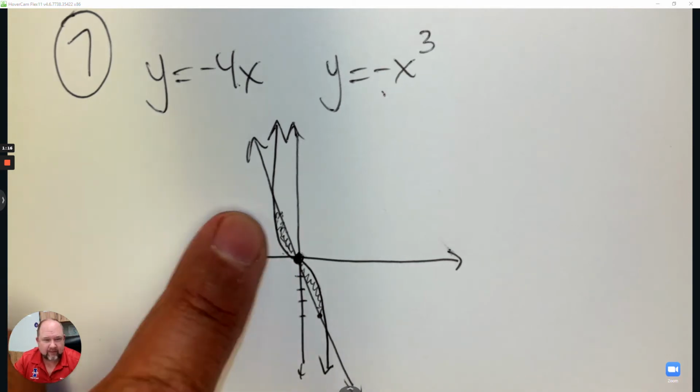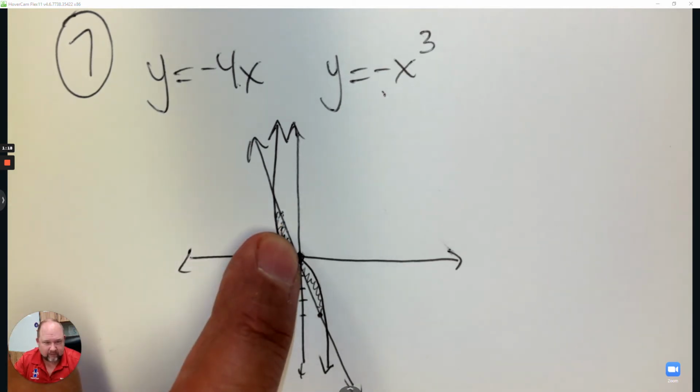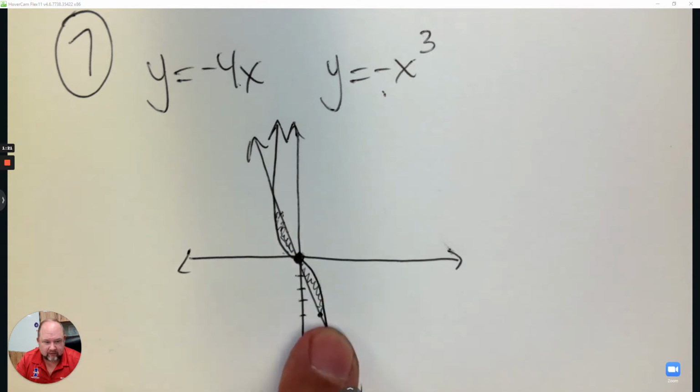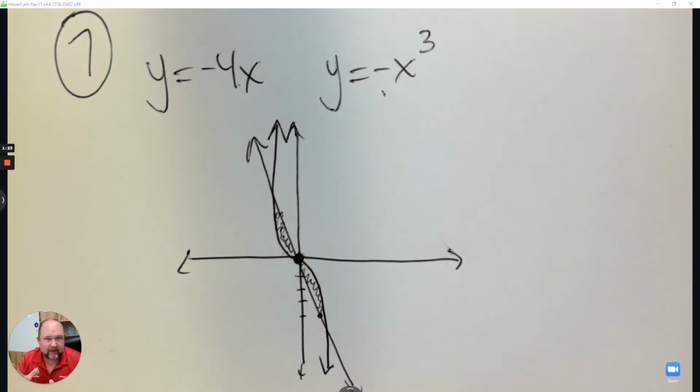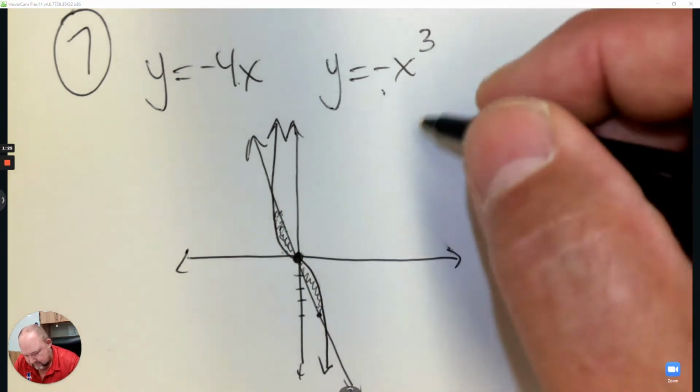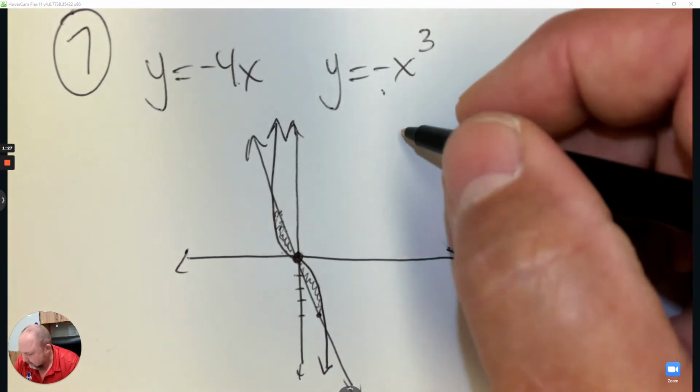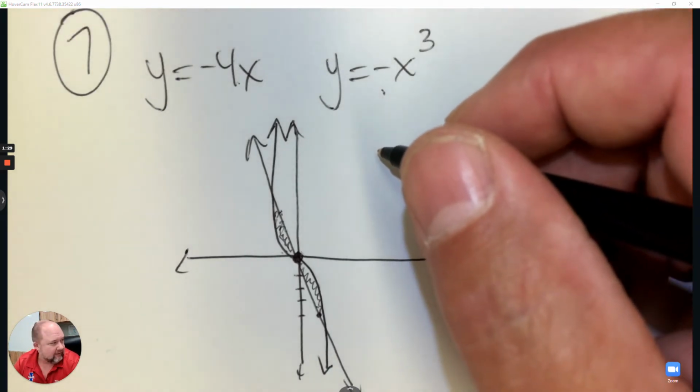So when the line is on top, that's an integral. And then when the curve is on top, that's a second integral, and you'd have to write it as two integrals. So what would be a good sentence here?